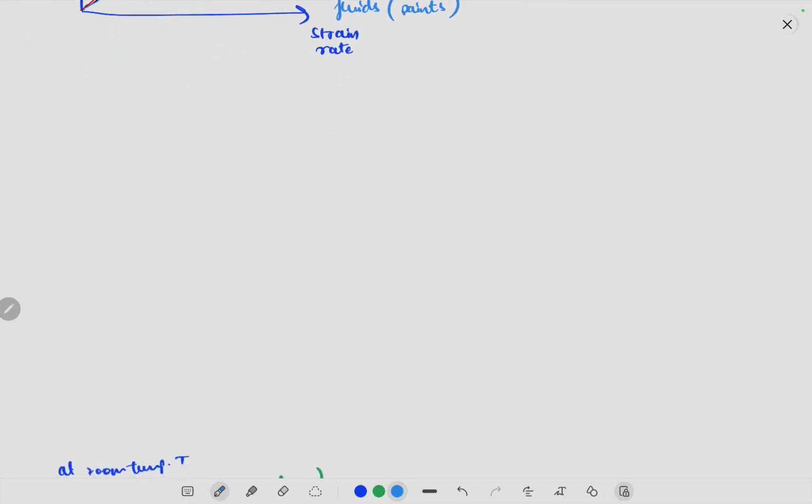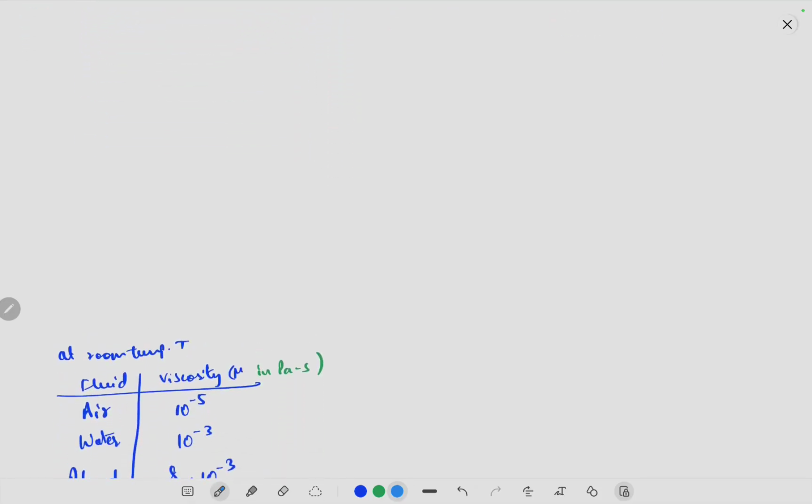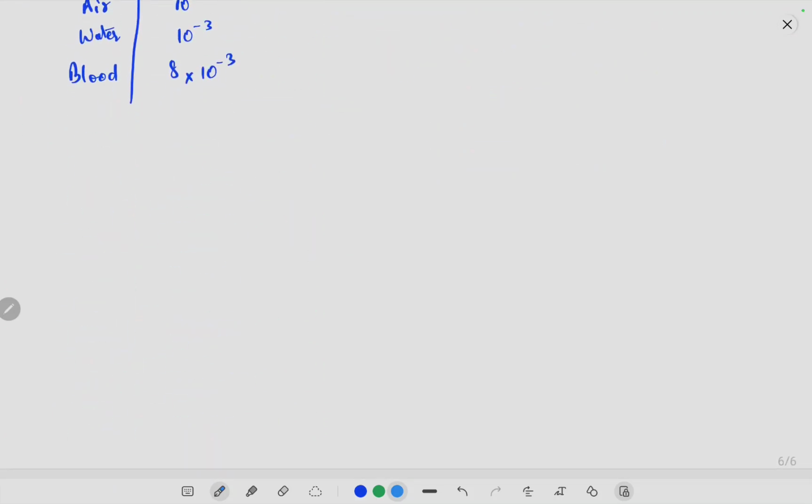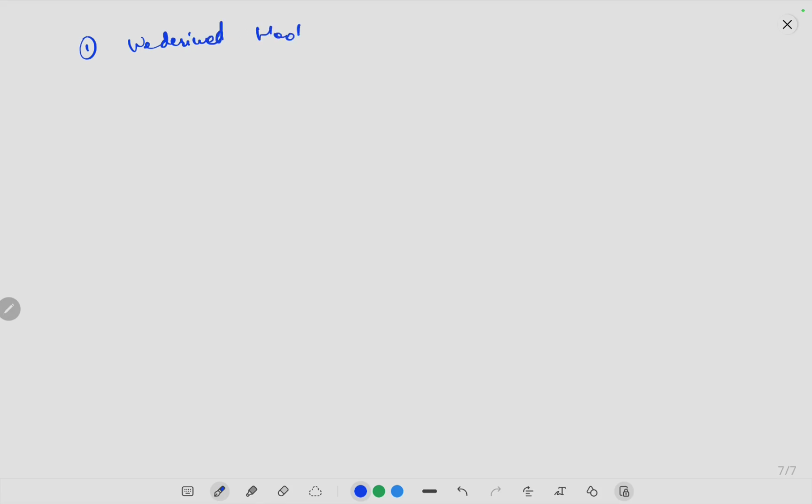So let's quickly go through what we learned from this lecture. First we derived Hooke's law. From a similar analysis, we derived Newton's law of viscosity.